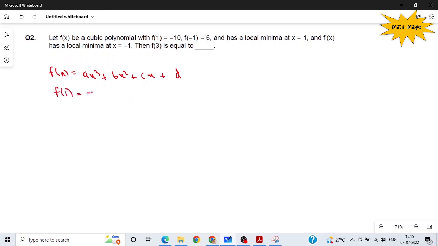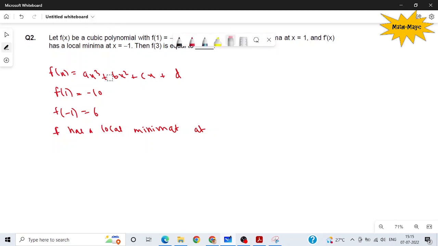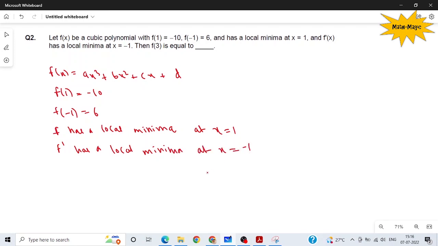It is given that f of 1 is minus 10, f of minus 1 is 6, f has a local minima at x equals 1, and then f dash has a local minima at x equals minus 1, and then we have to calculate the value of f at 3.